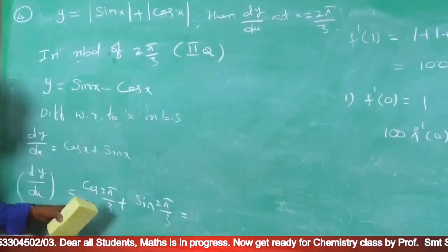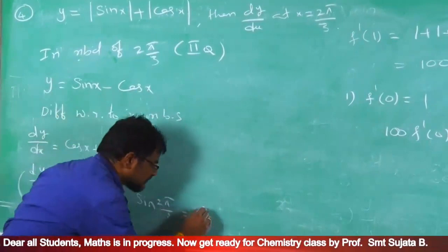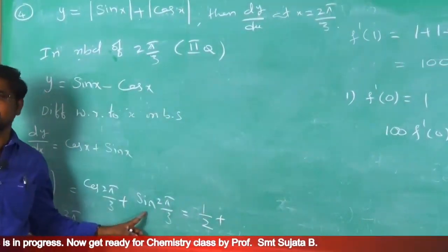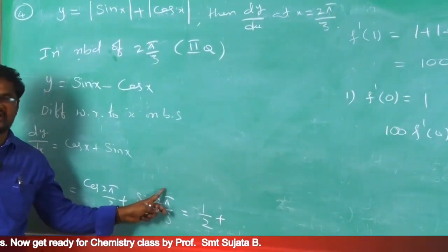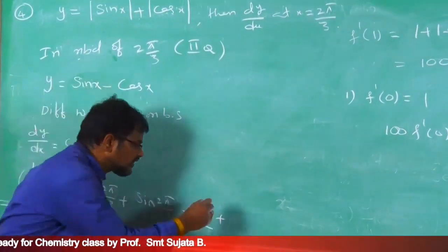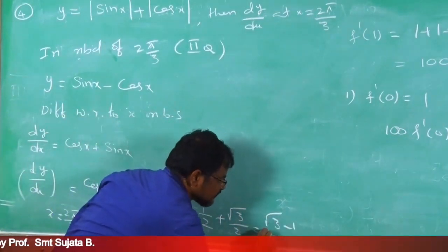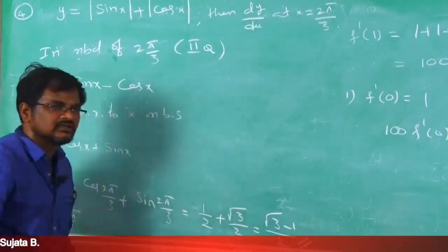Cos 120 is minus 1 by 2, plus sin 2 pi by 3, which is sin of pi minus pi by 3, in the second quadrant sin pi by 3, which is sin 60, root 3 by 2. That is equal to root 3 minus 1 by 2. This is our answer.